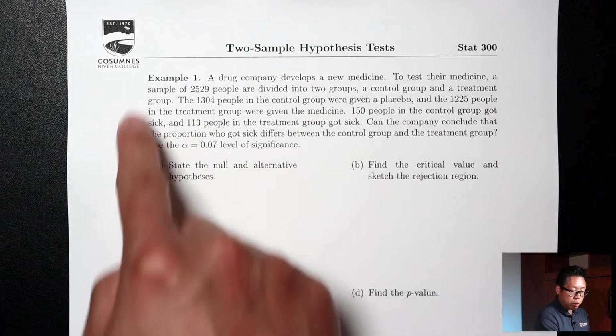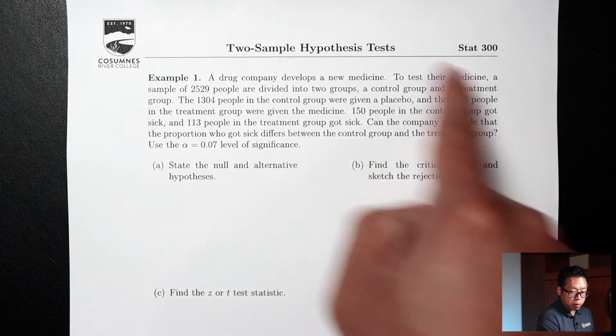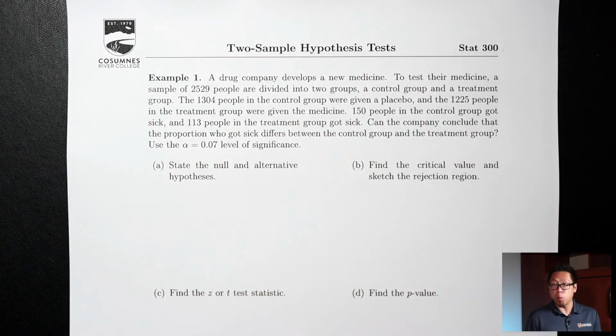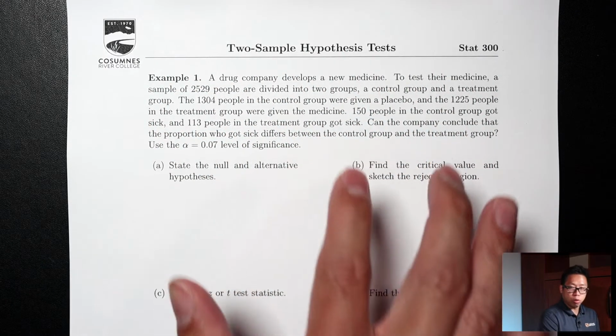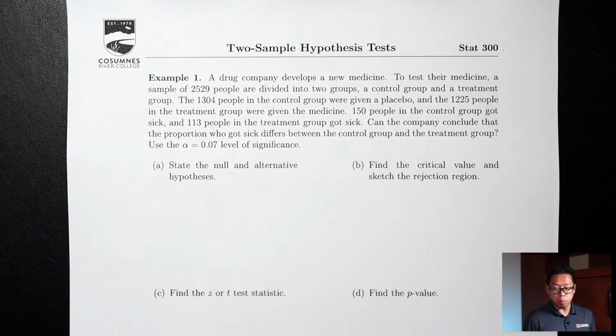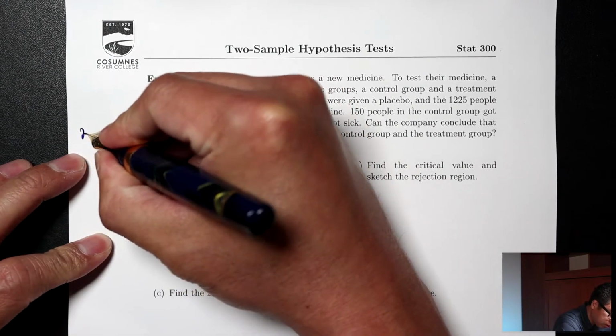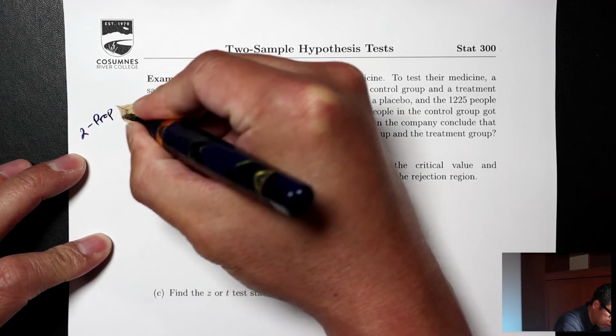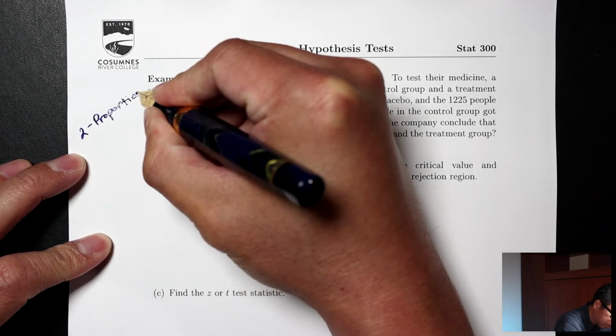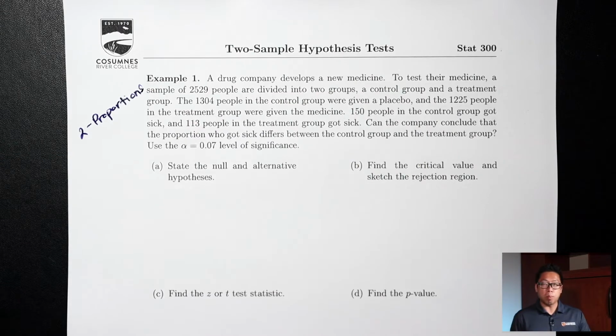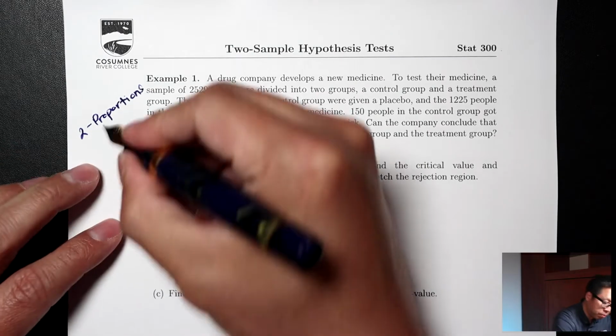So looking back at the description here, I didn't see the words mean or standard deviation at all. This will be proportions. And because we're talking about two groups, two samples, this will be two proportions. And just to remind myself, proportions will involve Z's.